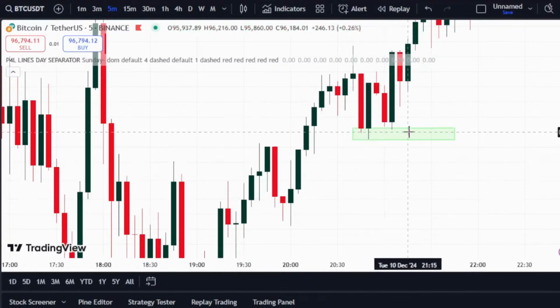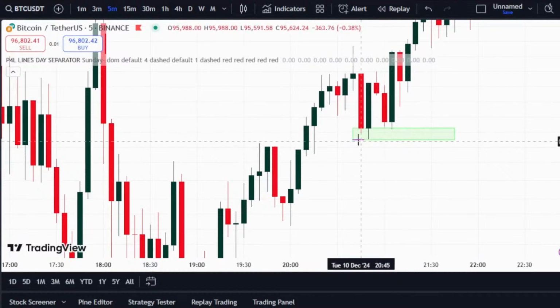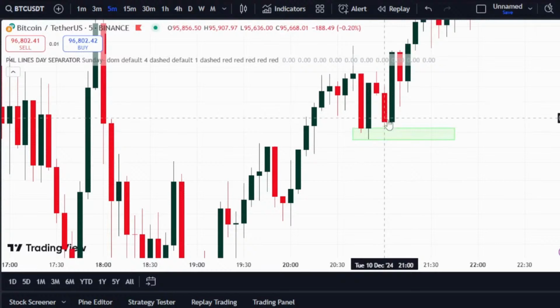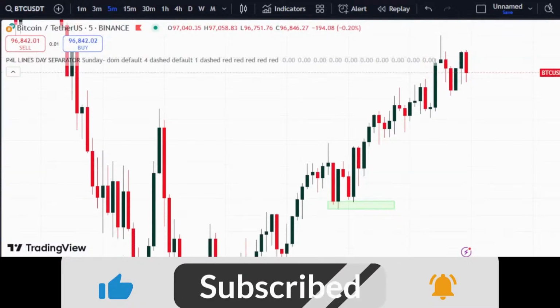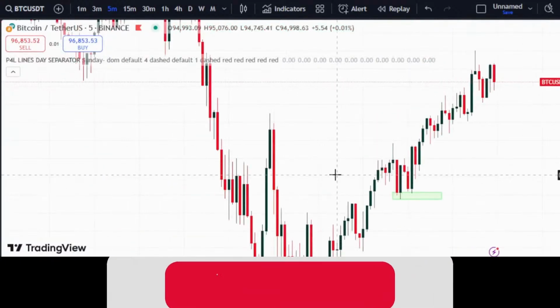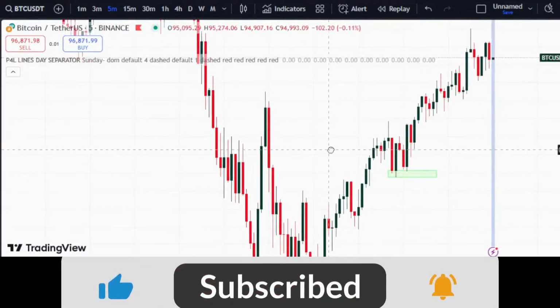But in this case, you can see that didn't happen. When this candle comes here, the first candle couldn't even touch the zone. The second was able to touch this support level. And when that happens, price starts going the other way around. Yes. So that is how support is formed.